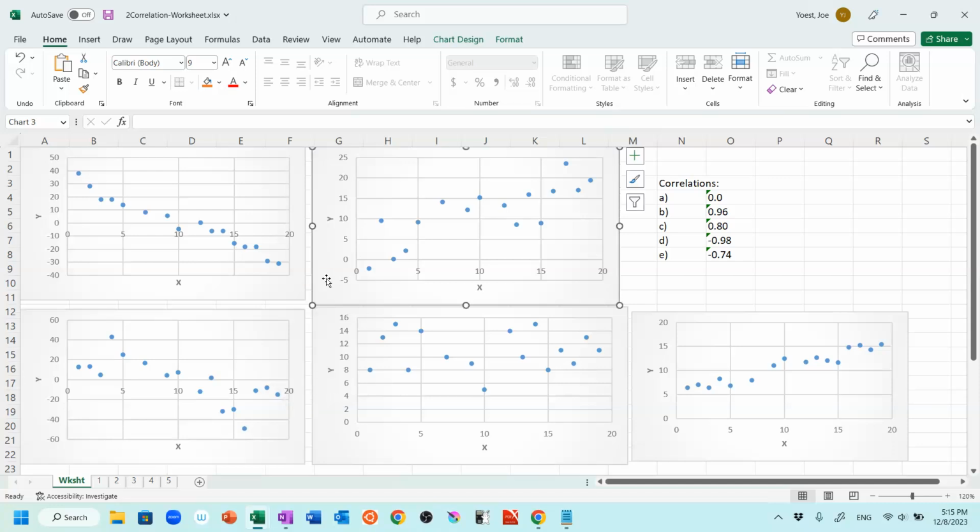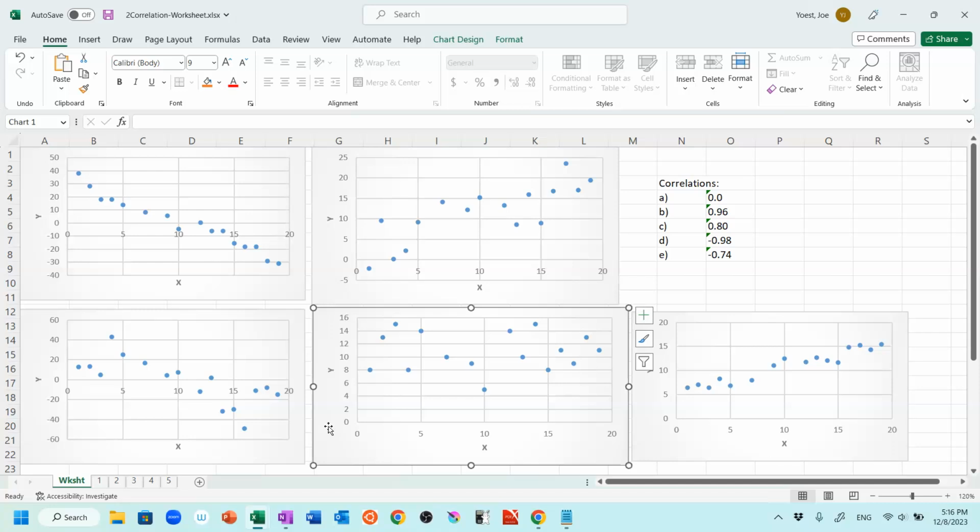I could say the similar but opposite for top center and bottom right. These are going to have the positive relationship. If I draw my axes through the middle, I see a lot of data in quadrants 1 and 3, not much in quadrants 2 and 4, and similarly for bottom right.